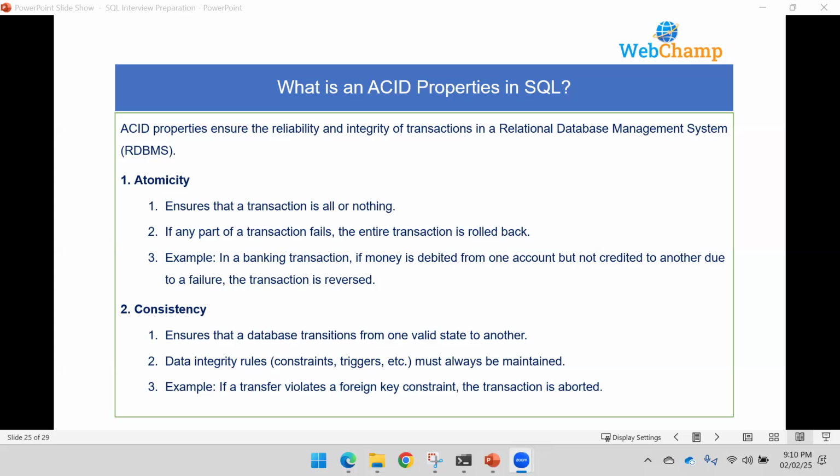So this is what we can consider as valid state or valid data at all times. Data integrity rules like constraints and triggers must always be maintained to make sure the data is valid in that column.